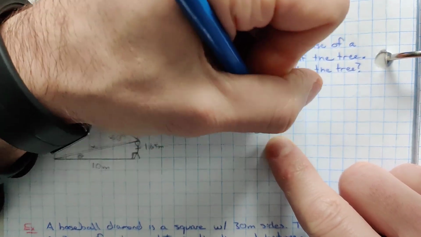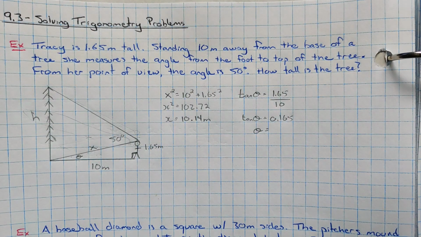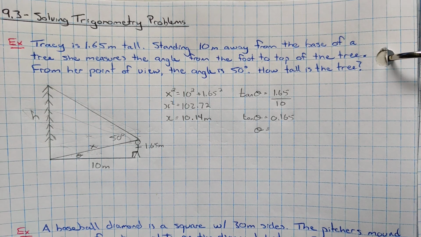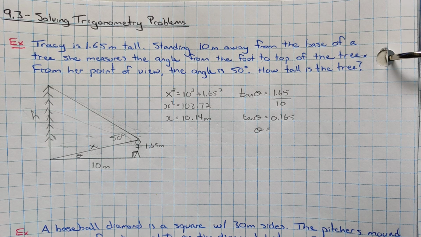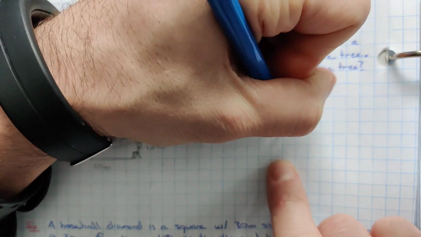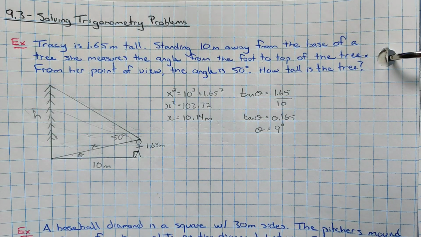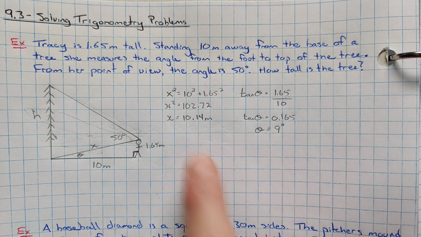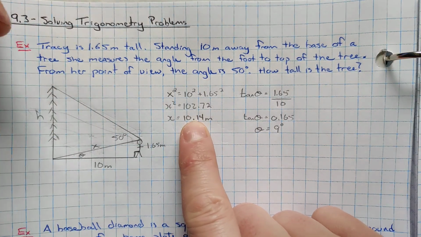And so tan theta, if I look that up in my table, is going to be about 9 or 10. Probably closer to 9. Yeah, let's say closer to 9. So theta is about 9 degrees.